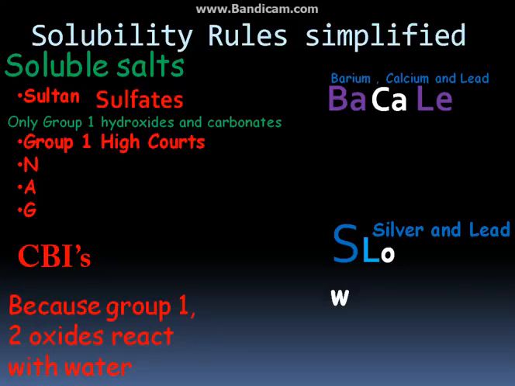So now Group 1 high coats, that's done. Now NAG. What does N stand for? N stands for nitrates, A stands for ammonium salts, and G stands for Group 1 salts.